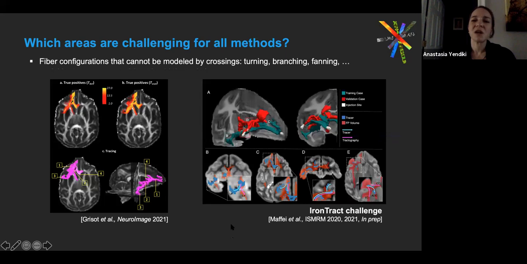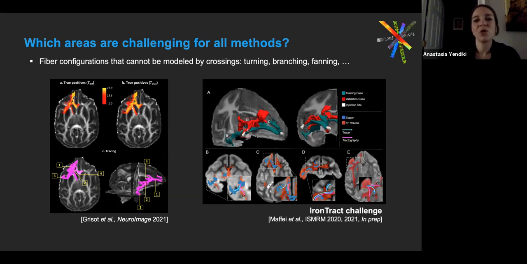And then the other interesting question is which areas of the brain and what type of fiber configurations are challenging for all methods. And what we found, again, both in our own studies as well as in the results of the IronTrack Challenge, is that these areas where errors occur consistently across different tractography methods tend to be areas that cannot be modeled well by ODFs.